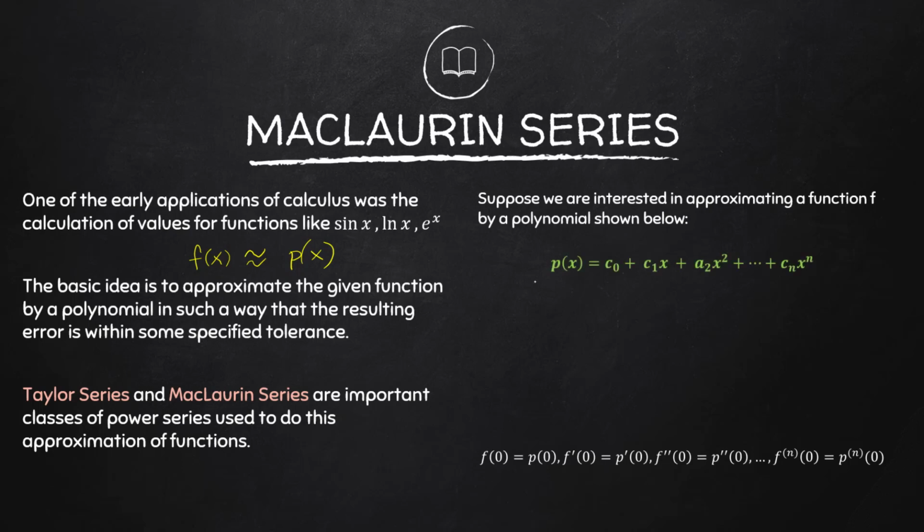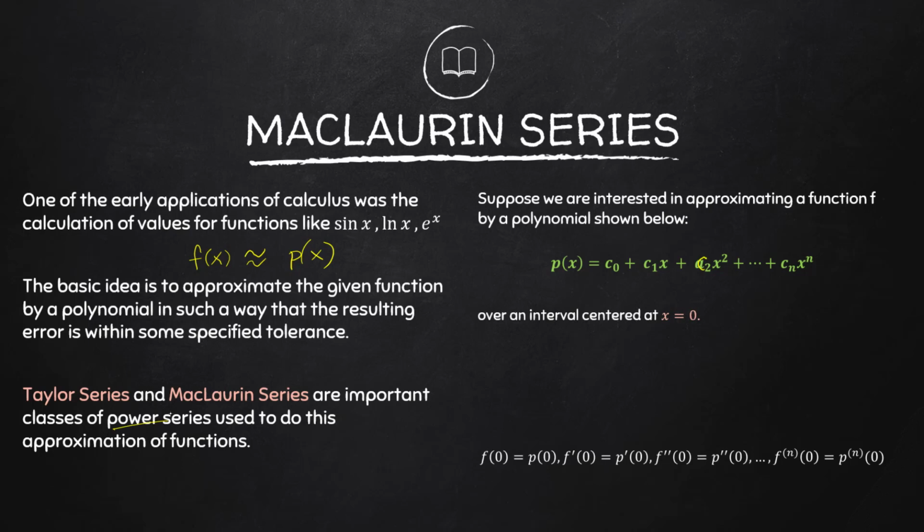So, if we have the function of x, and we want to approximate its value using the polynomial of x, using this expression, c sub 0 plus c sub 1 times x plus c sub 2, sorry for that error, times x raised to 2. Notice that this is an example of a power series.